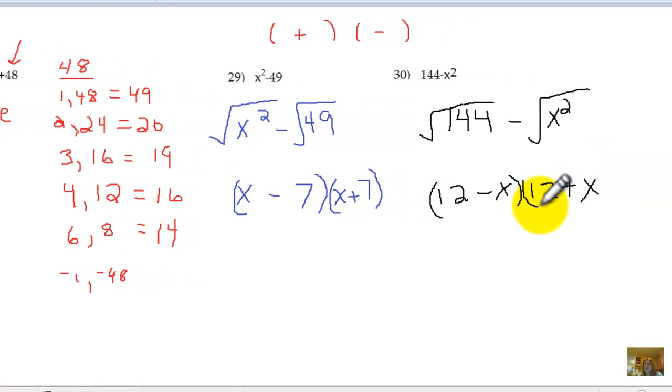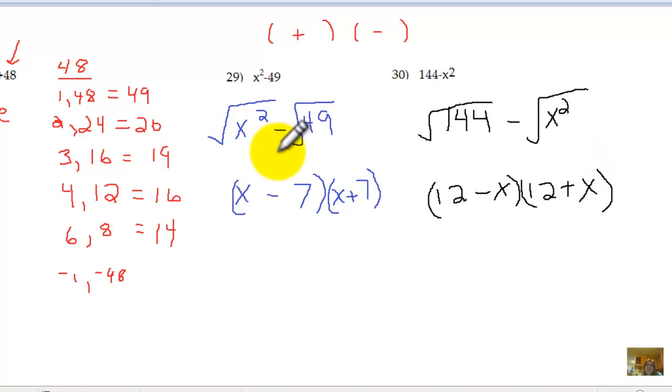One more example. Let's suppose we had a 4 in front of the x squared. That's still okay because you can find a square root for everything. Just pretend for a moment there was problem 30.5.